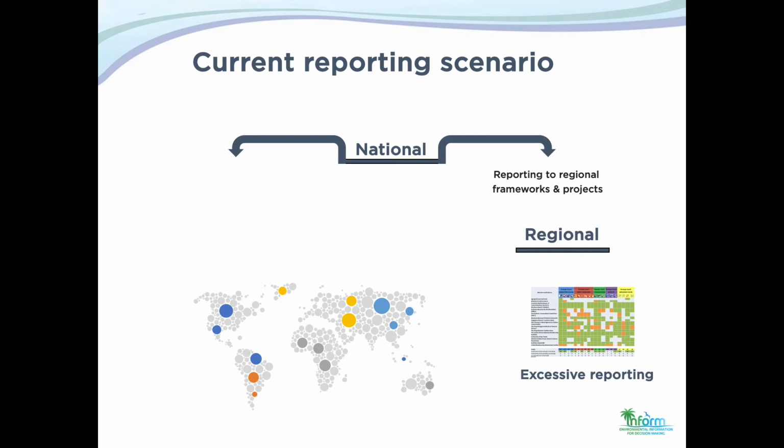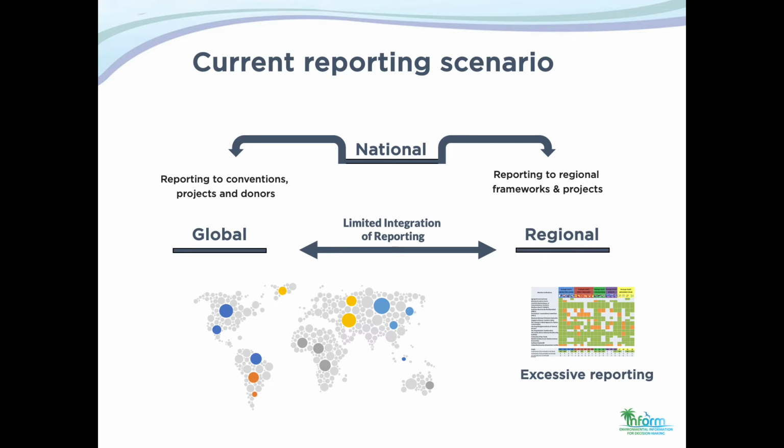At the regional level, we report to frameworks such as the Noumea Convention, while at the global level, we are required to report to multilateral environment agreements such as SDG, CBD, Samoa Pathway, and Rio Convention, just to name a few. There is limited integration of reporting and therefore accessing data through a central repository and having tools to reuse environmental indicators will make it easier to meet reporting requirements.